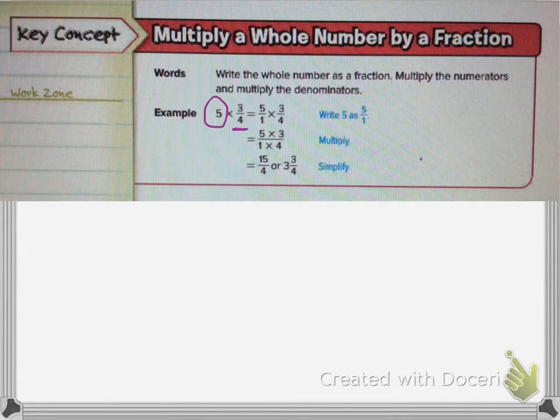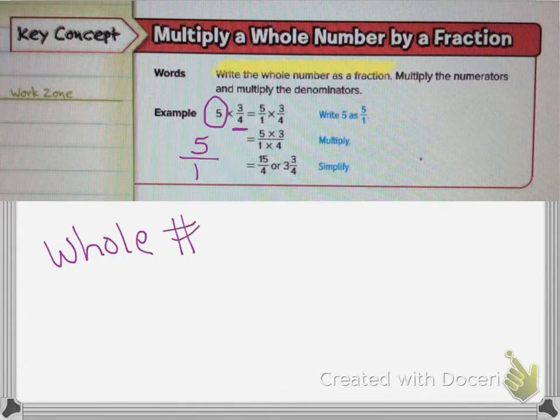When multiplying whole numbers, you must put it over 1, okay? You write the whole number as a fraction. To do that, it's the same as putting it over 1. If you took 5 and divided it by 1, you're going to get 5 wholes. Okay? So whole numbers are always over 1.